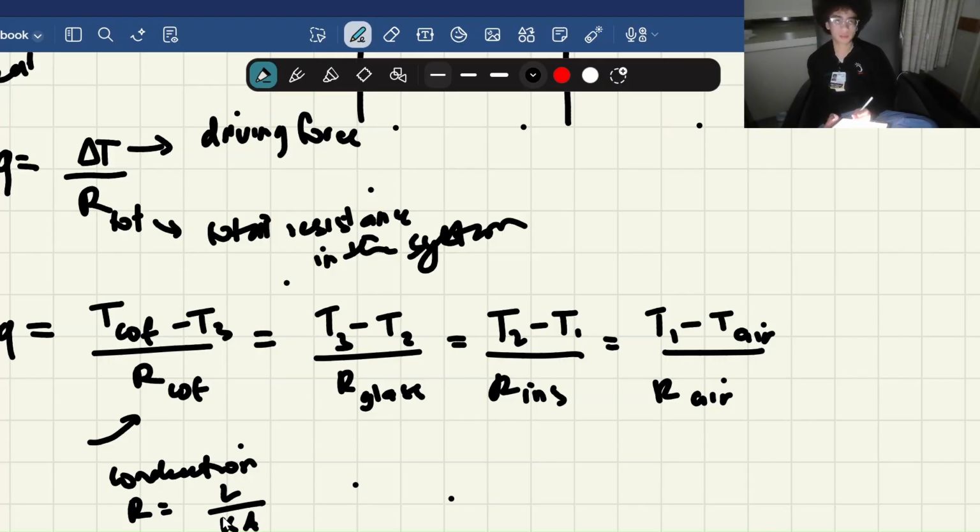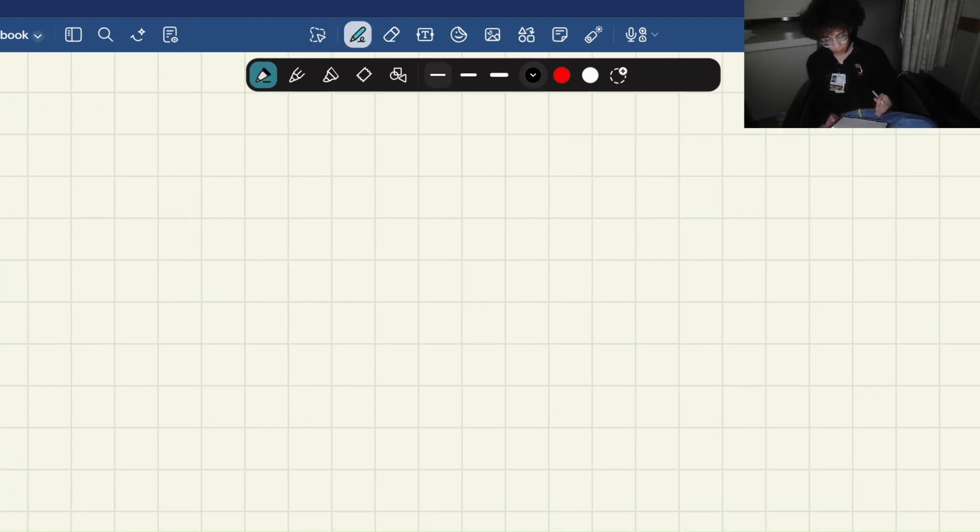So length over thermal conductivity times area, and then by convection, we have resistance equal to 1 over hA, the heat transfer coefficient. So now we're gonna write each of these equations individually.